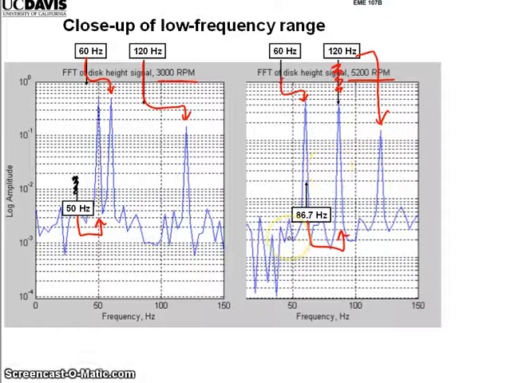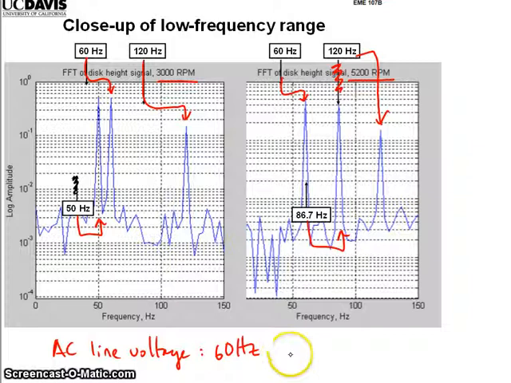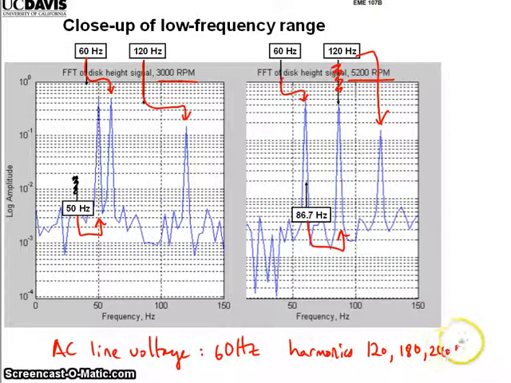These are the kind of signals you would typically see in the US whenever you do a measurement, because our AC line voltage is at 60 hertz, and so we'll get harmonics at 120, 180, 240 hertz.